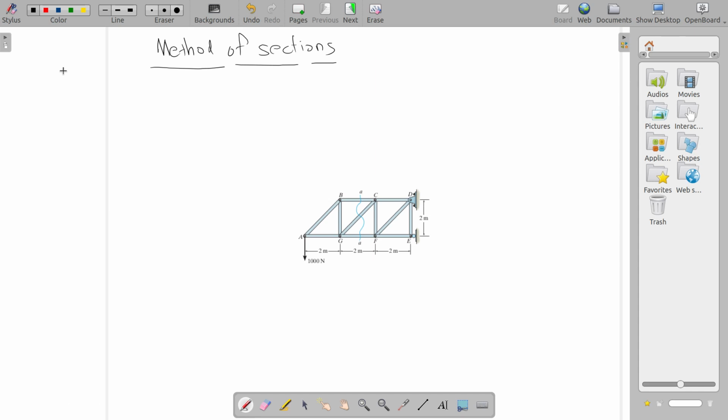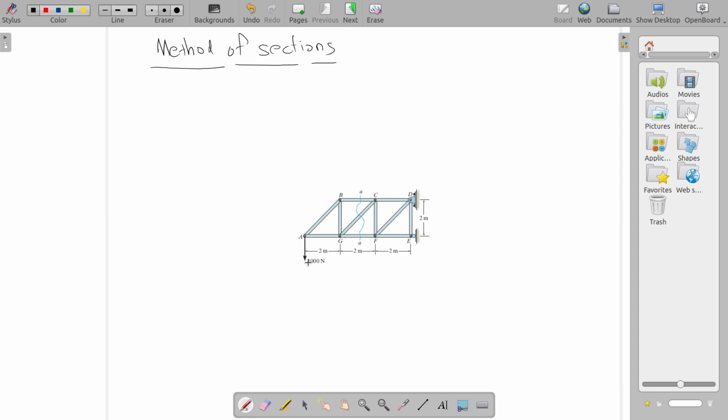Just like the case of method of joints, we are trying to find out member forces in truss members. Let's say, for example, you have this structure. All dimensions are given.